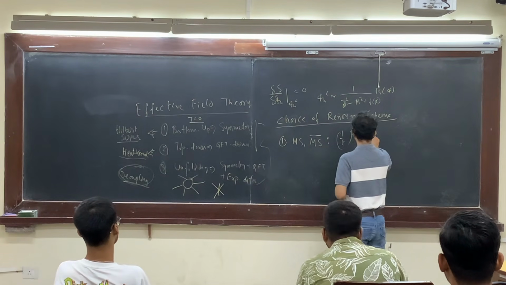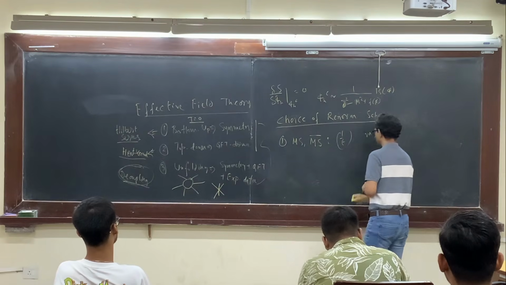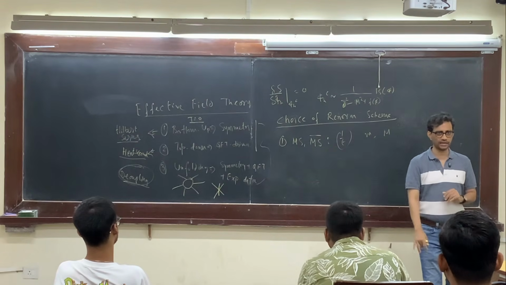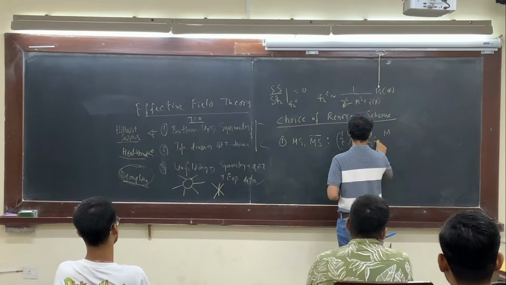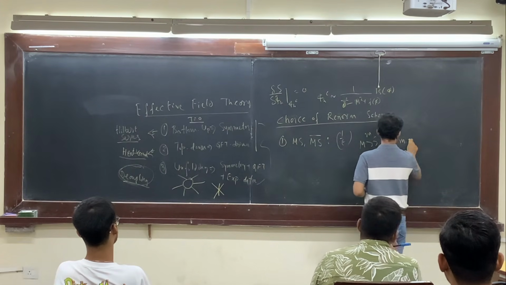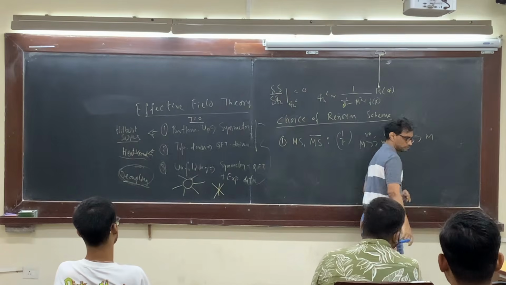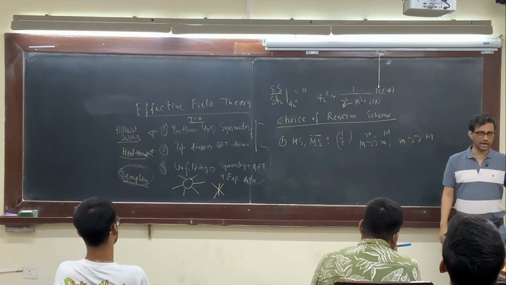Now let's say I have a theory with two masses, small m and capital M, where capital M is much greater than small m. These hierarchies are there.